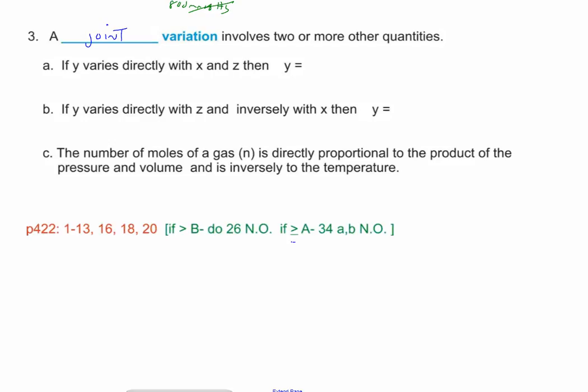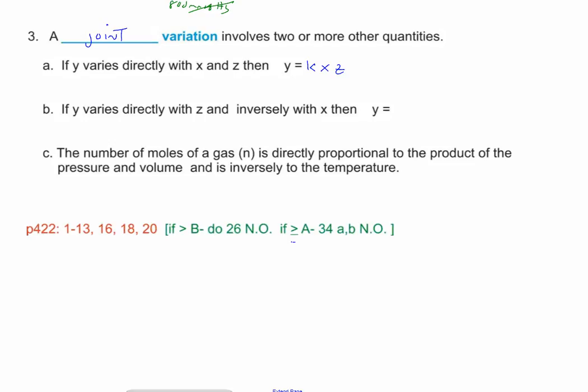Directly is when they're on the same line. So k, the constant, and then the x and the z, directly with both. Again, go back and look at direct variation: y equals kx, the constant, the x, and then the other one, the z. They're both direct.